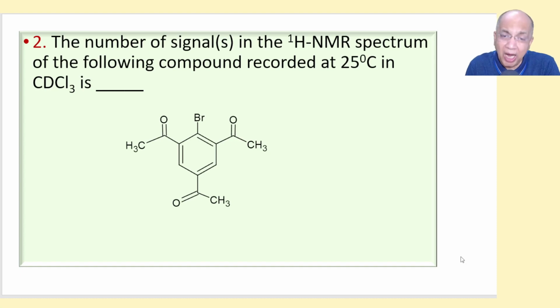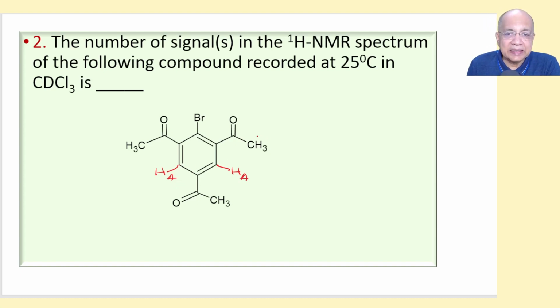Now, from your common sense, these two protons are equivalent. They enjoy the same chemical environment, ortho to this acetyl group and also ortho to this acetyl group. So this is an A2 system, and these two give a sharp singlet.